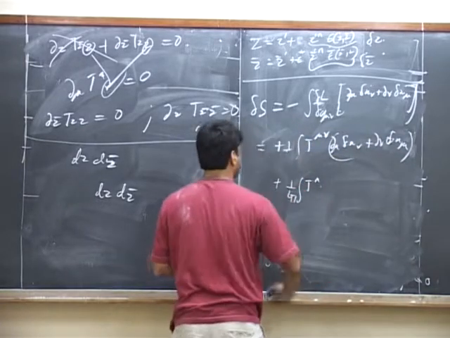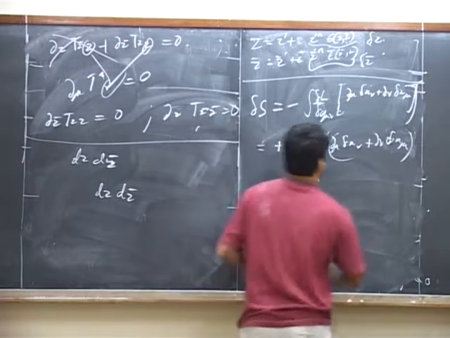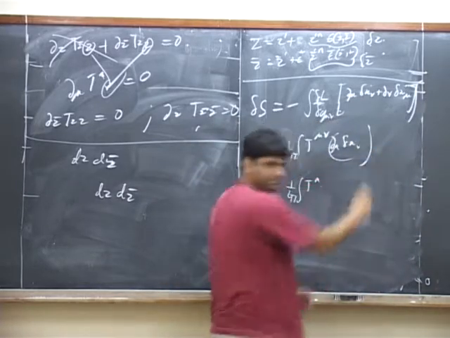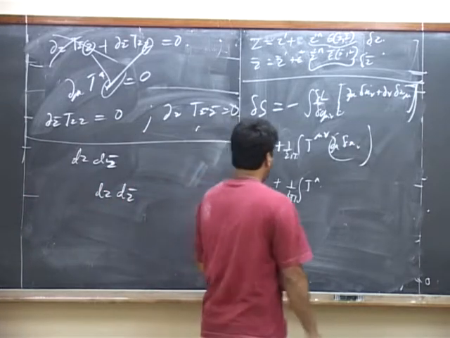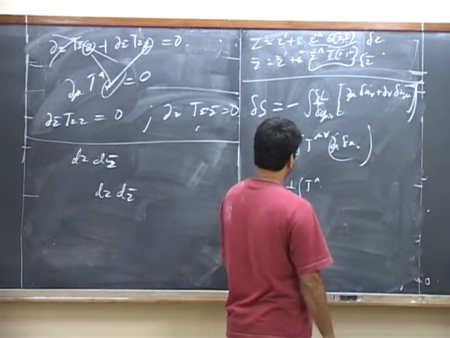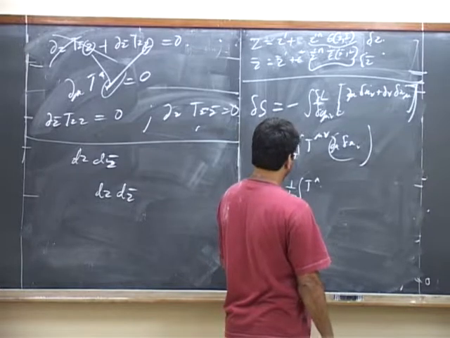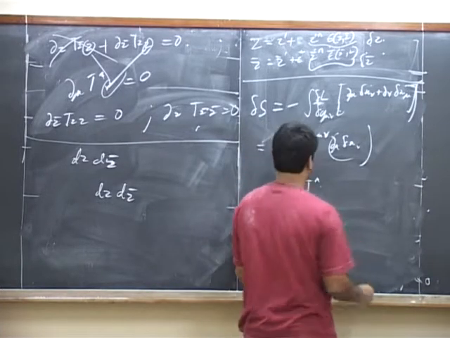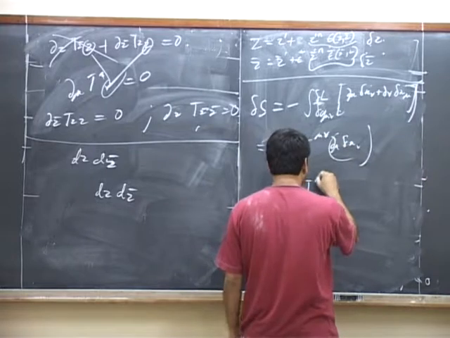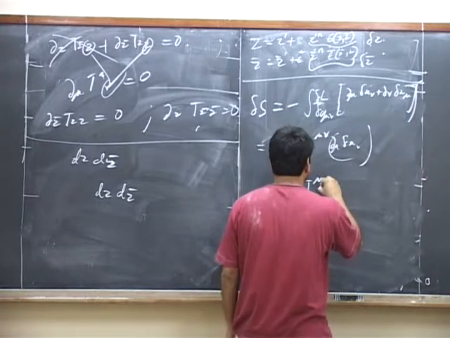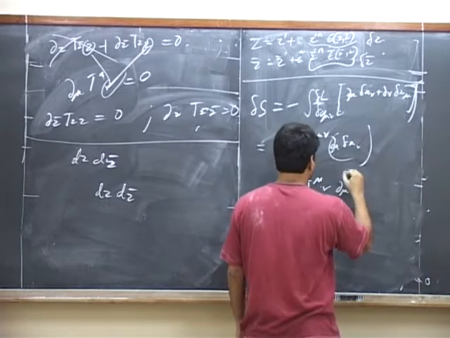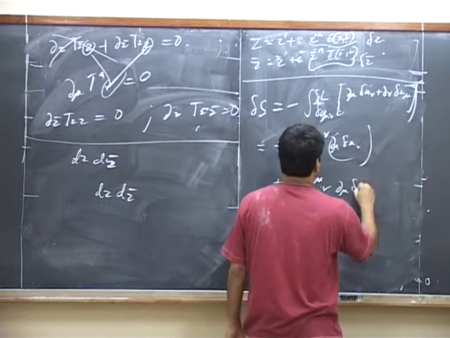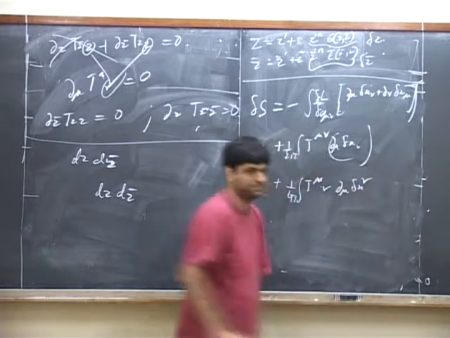So I make this 1 over 2 pi. Let me put this in a nice way, so I can write it as T mu nu del mu delta x nu.